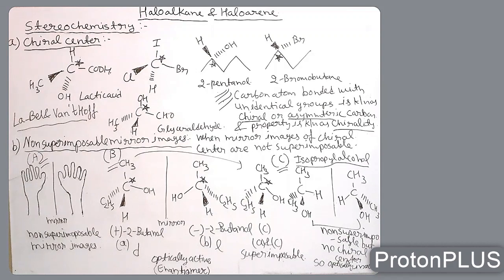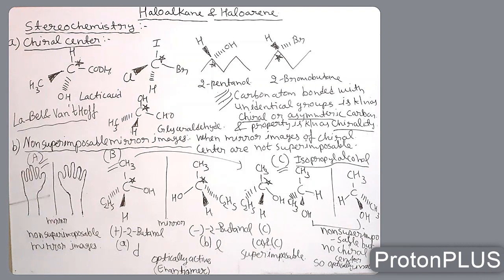For example, if we try to overlap our left hand onto our right hand, our hands are identical to each other, but when we put our left hand onto our right hand without rotating, we will observe that these two hands are not superimposable. We cannot wear a right-hand glove on the left hand. So this is like non-superimposable mirror images.